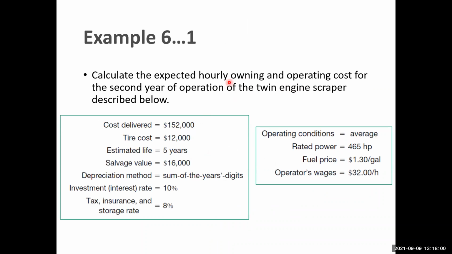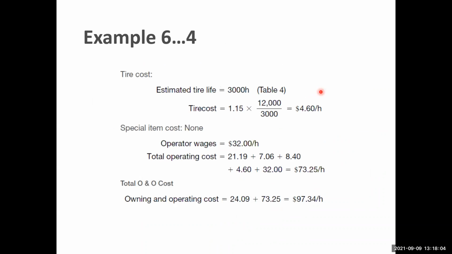Yeah, twin engine scraper. So it was 3,000. Okay. So 3,000 hours was the tire life. So the tire cost will be the tire cost 12,000 divided by the tire life 3,000 hours, and multiplied by 1.15 for the repair of the tire. So it will be $4.6 per hour.